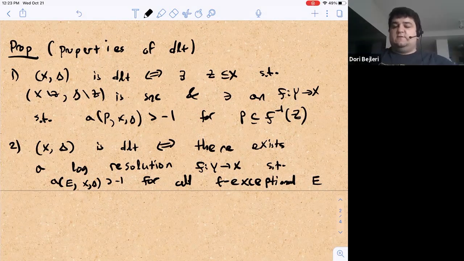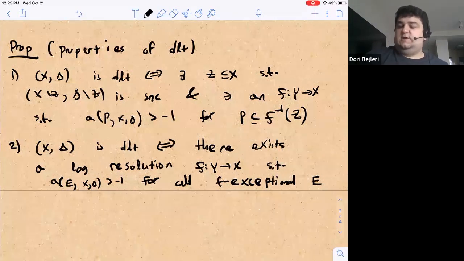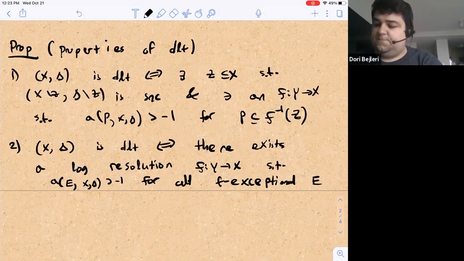And so the content of 2 is that when you're doing resolution of singularities, you can actually control the resolution that you build, so you only resolve the Z. You only have to blow up inside of the Z because you're already SNC outside of Z. And so to prove the equivalence in 2, you actually need to control how you resolve singularities, which is why it's a more subtle definition for DLT than the previous one.